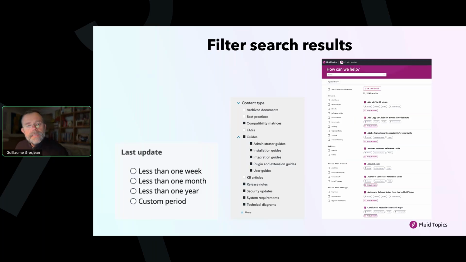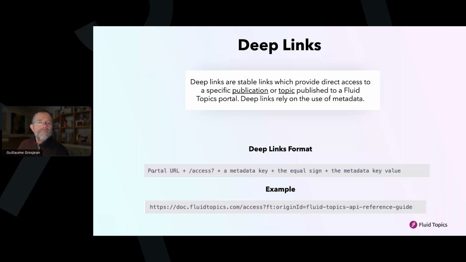My last word in this section was about deep links. Deep link is a way to access any kind of content that is based on a URL that will not necessarily be the URL that is displayed in your browser, which is very often a pretty URL, but it's possible to use any kind of combination of metadata to identify precisely any kind of content, map, topic, and so on.